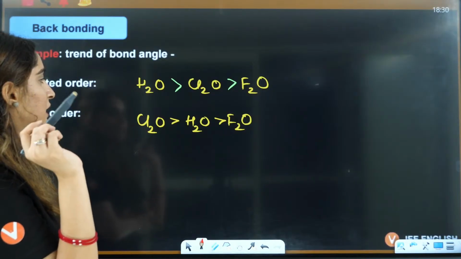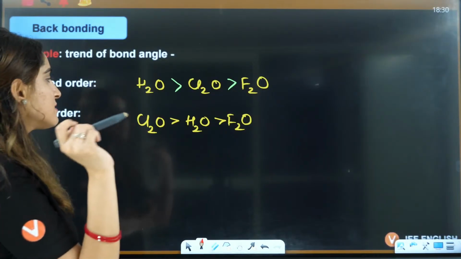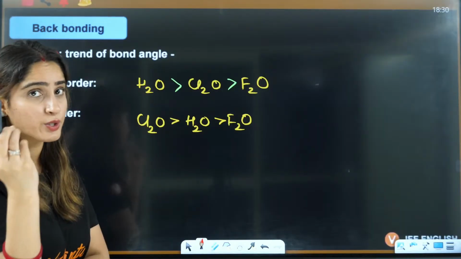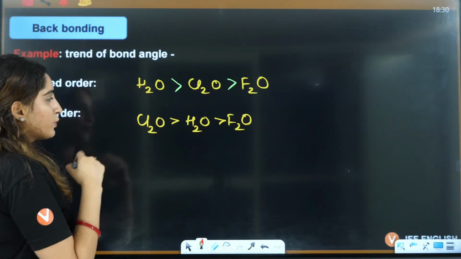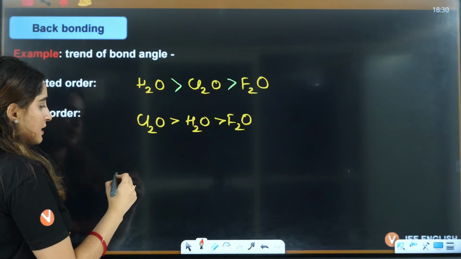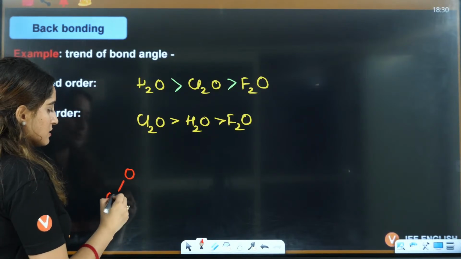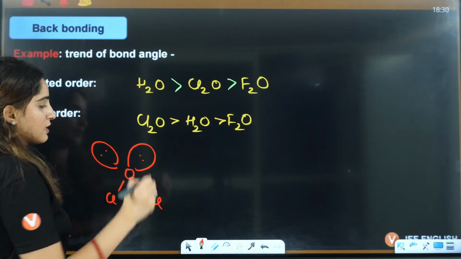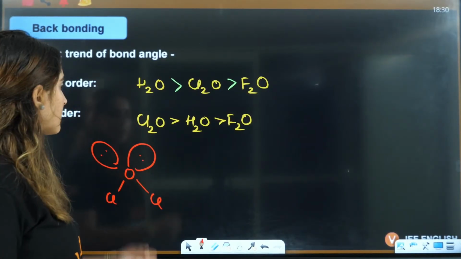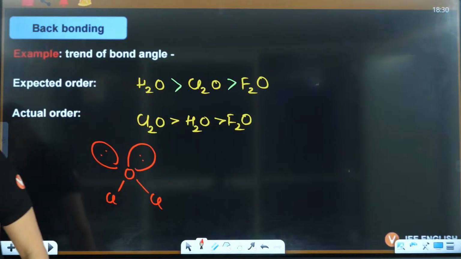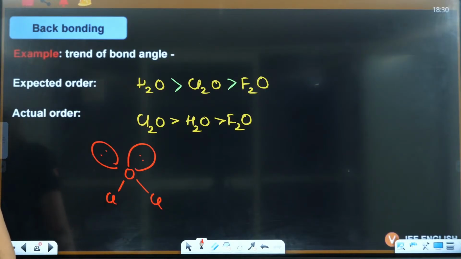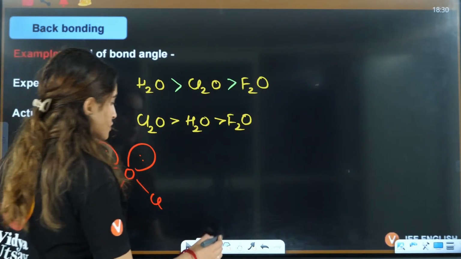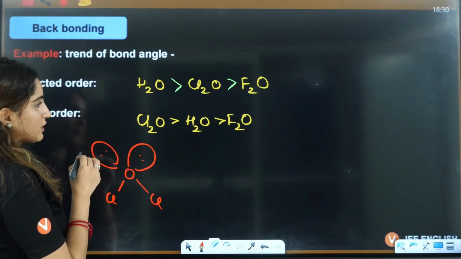Now the reason is that hybridization is going to affect a little bit. I'll tell you how. See, this is oxygen, this is Cl, this is Cl, and these are two lone pairs of electrons, right? Let me just draw that here, because chlorine also has vacant orbitals.